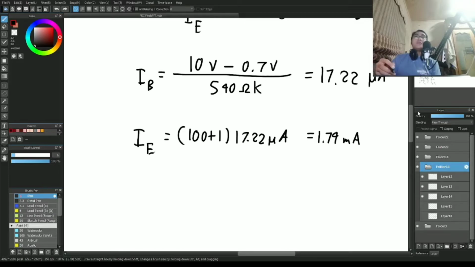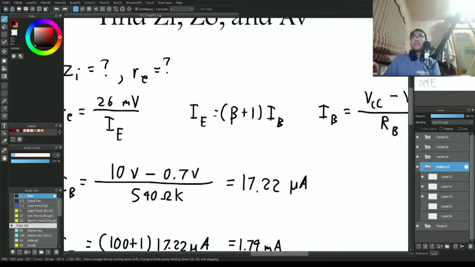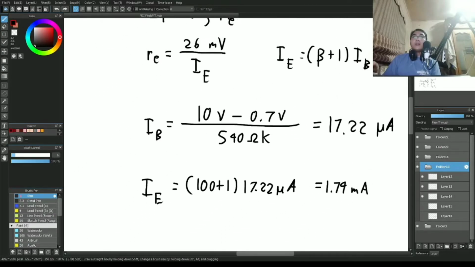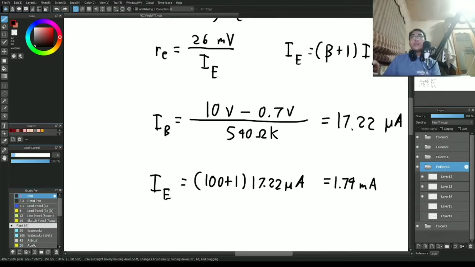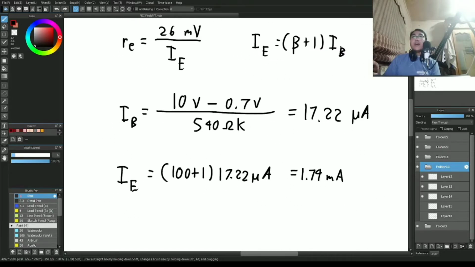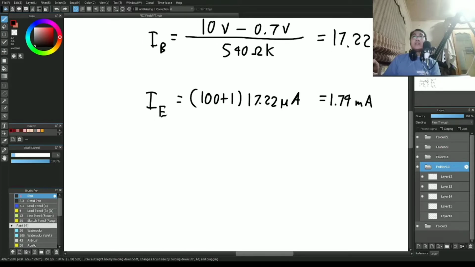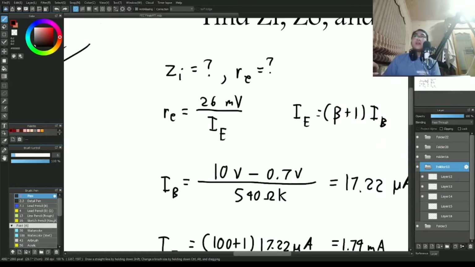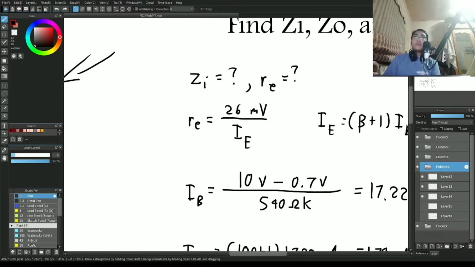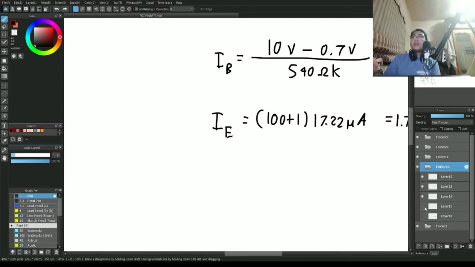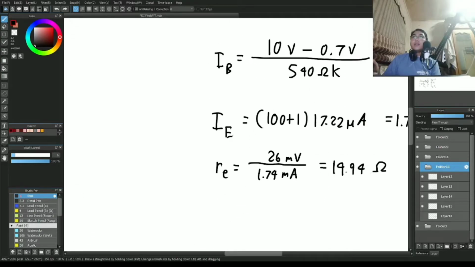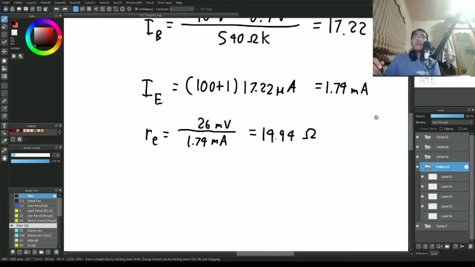Again, it's a simple formula. We just add beta plus 1 and then multiply it by 17.2 microamps, which is the IB. And we get 1.74 milliamps. And now for RE, as you remember, RE is 26 millivolts over IE. We do that, and then we get 19.94 ohms.